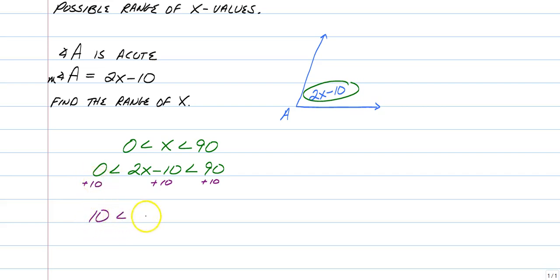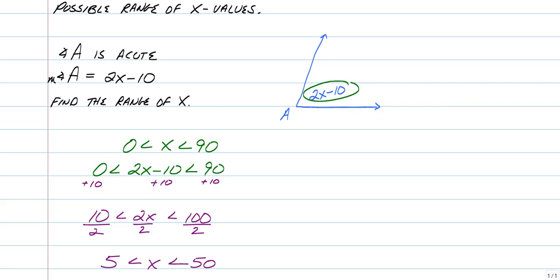And you have 10 is less than 2x, which is less than 100. And now we have to divide everything by 2 to get x by itself, and that means we have to divide the 10 and the 100. So we have 5 is less than x, which is less than 50. So this means anything between 5 and 50 would give you an acute angle.